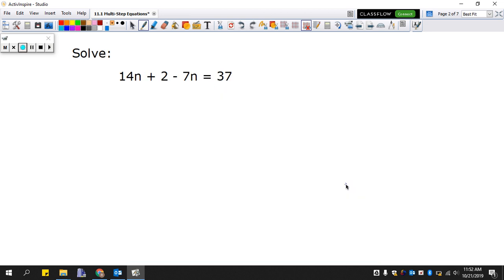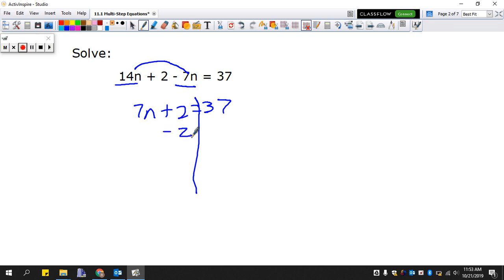All right, so in this case, we have terms that are like terms. You have the 14n and a negative 7n. So if you combine these two, 14n minus 7n gives you 7n plus 2 is equal to 37. And then we can solve for n.